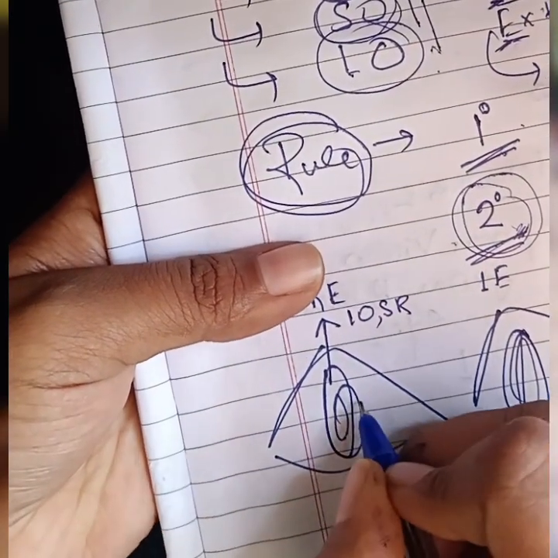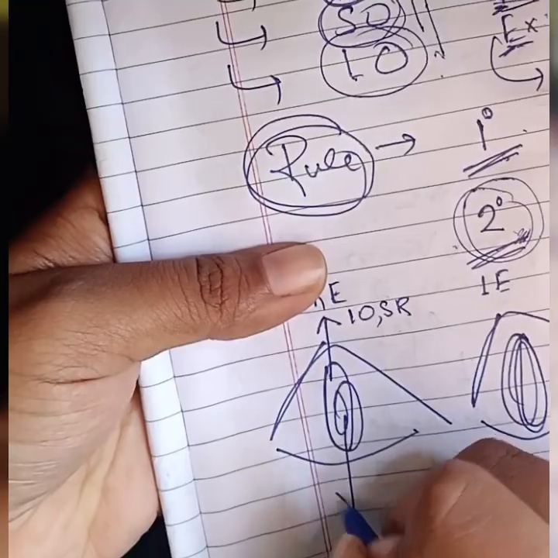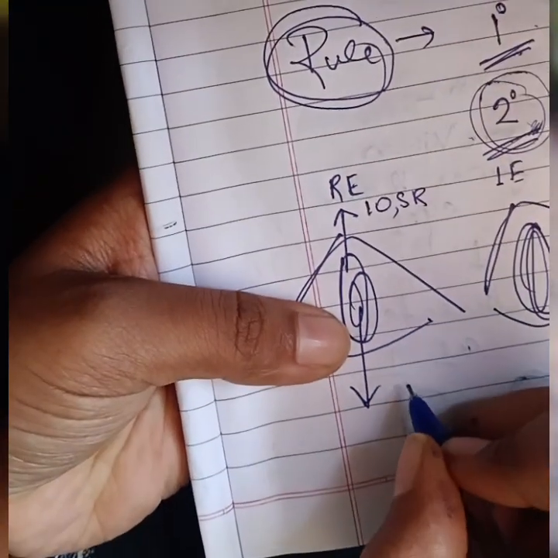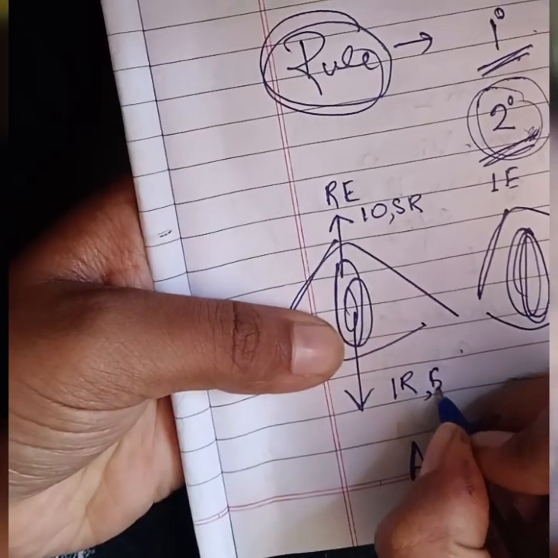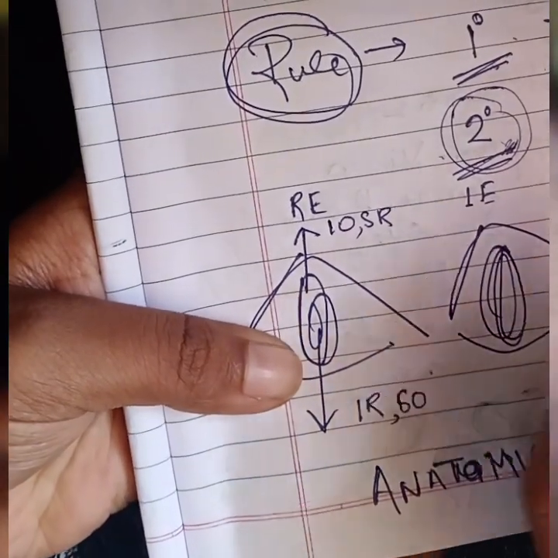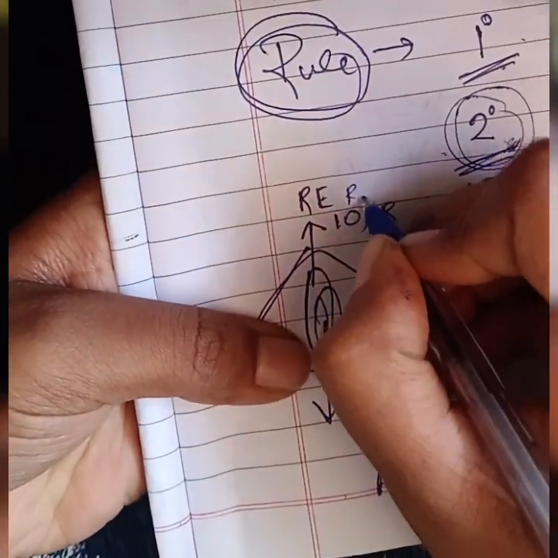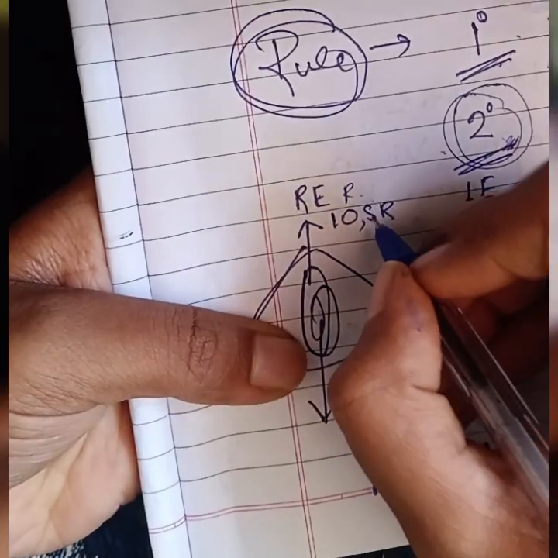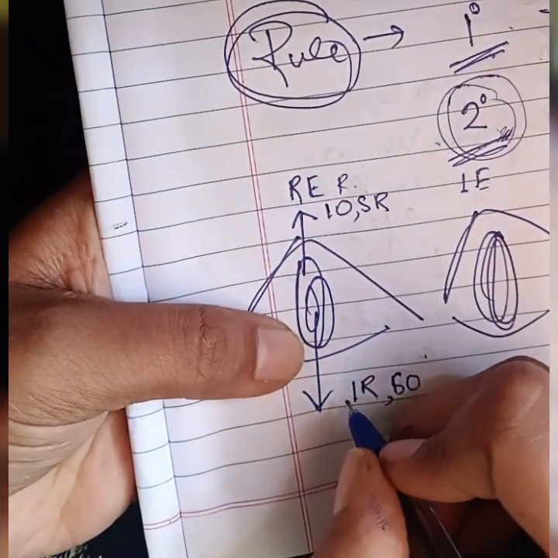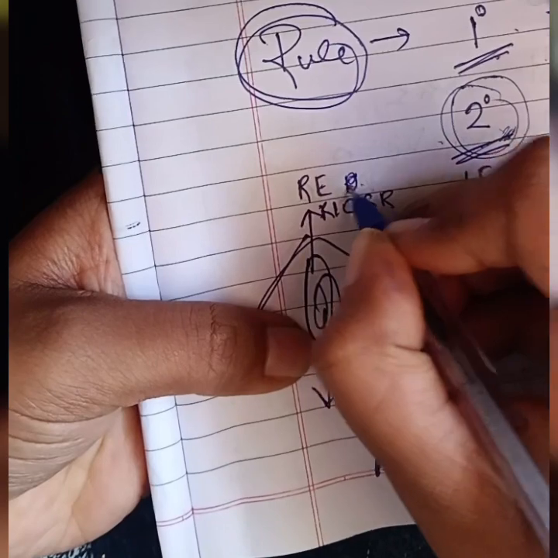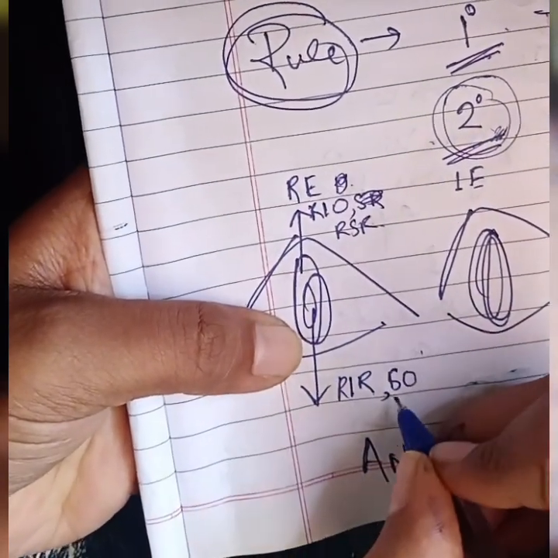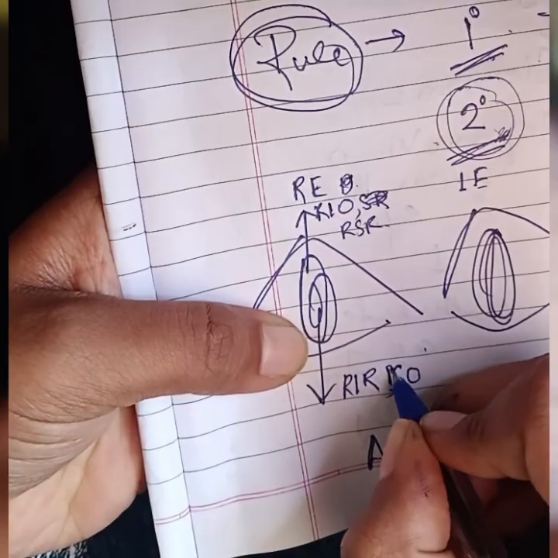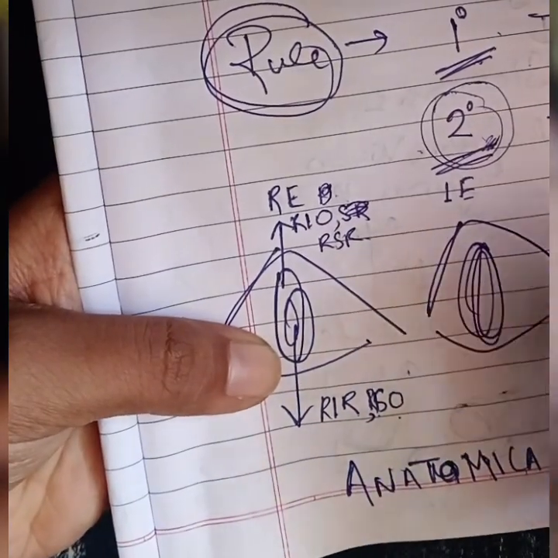Then depression can be done by your inferior rectus and superior oblique. Okay, so these are all for right eye: right inferior rectus, right superior rectus, right inferior oblique, and right superior oblique. Again, right inferior rectus and right superior oblique.